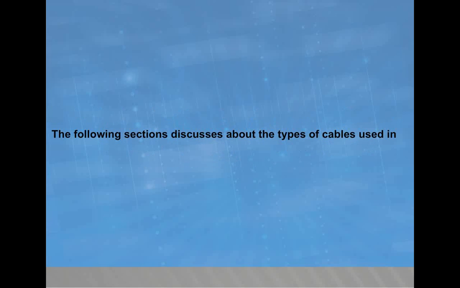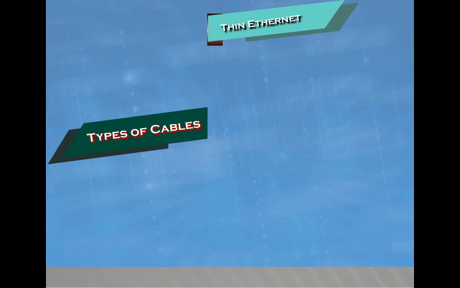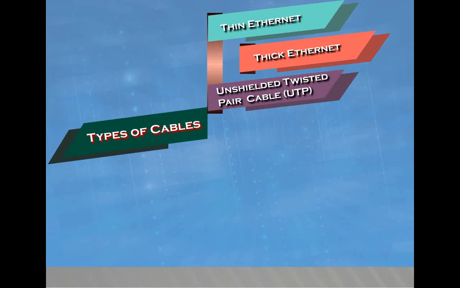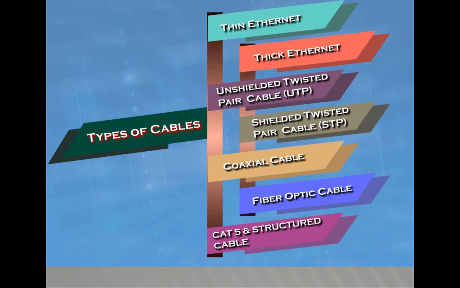The following sections discuss the types of cables used in networks. Types of cable: thin Ethernet, thick Ethernet, Unshielded Twisted Pair cable UTP, Shielded Twisted Pair cable STP, Coaxial cable, Fiber Optic cable, Cat5 and Structured cable.